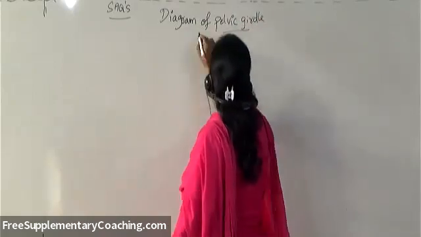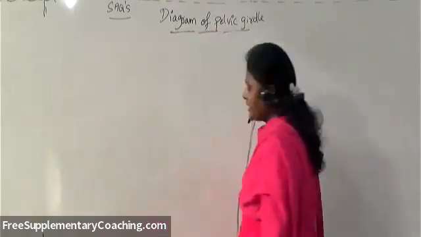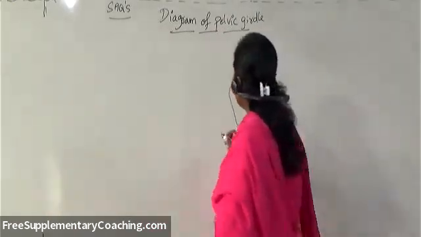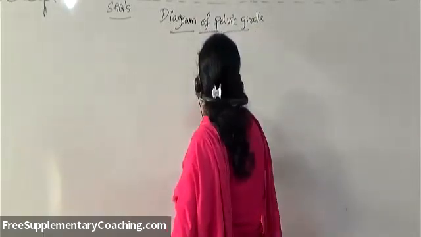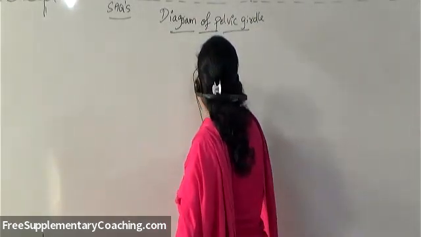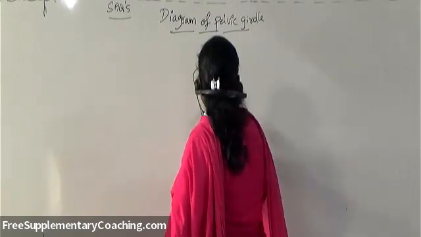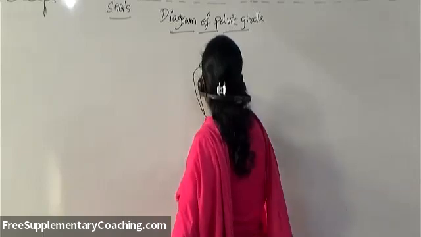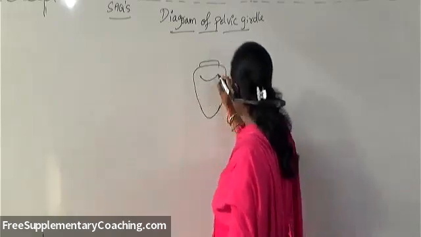Mainly in the pelvic girdle diagram, first of all, you are supposed to start from the sacrum portion, so that it will become easy for you. Start like this from the sacrum portion.